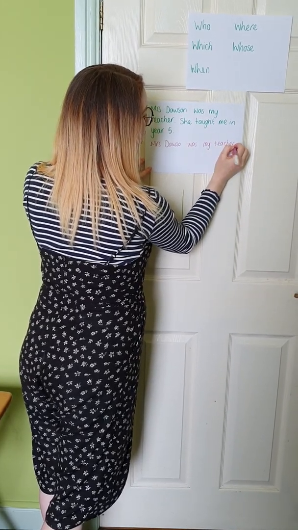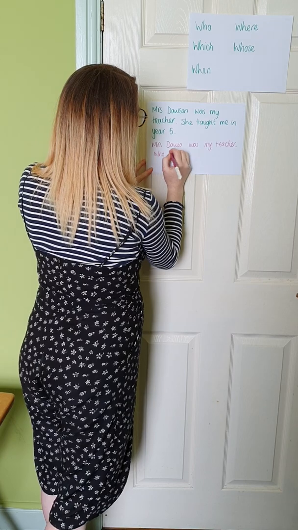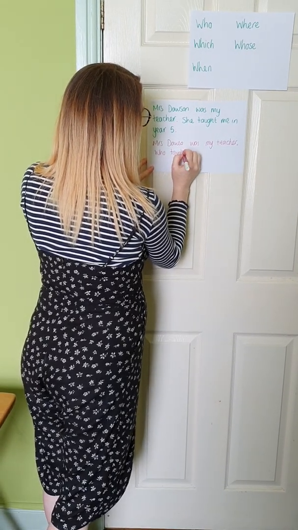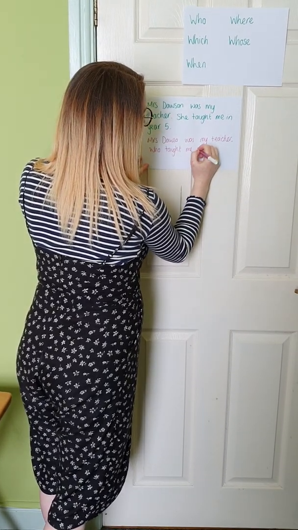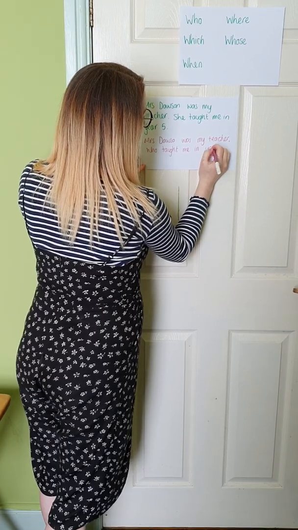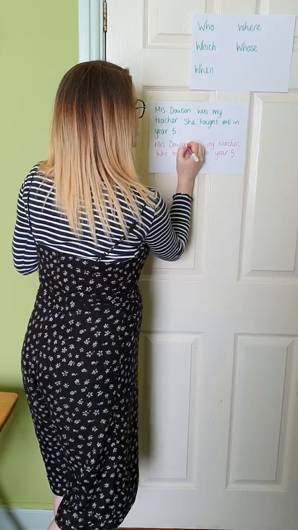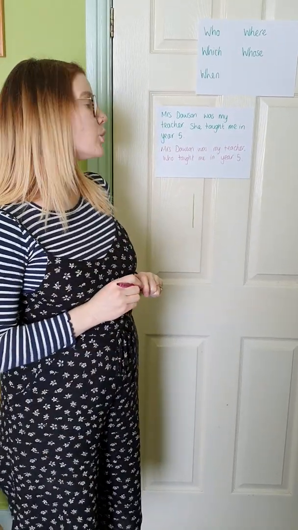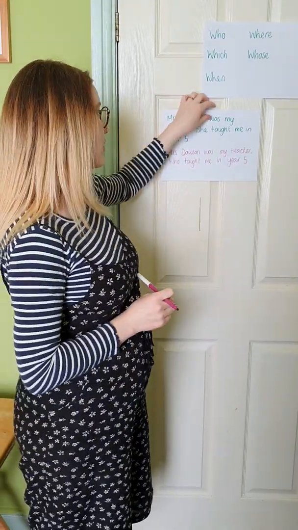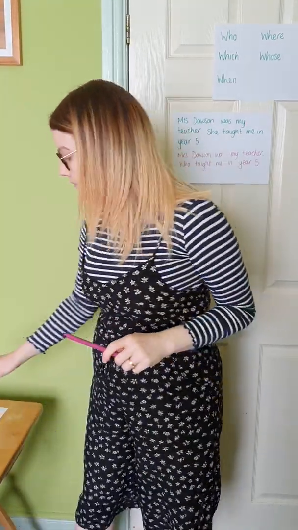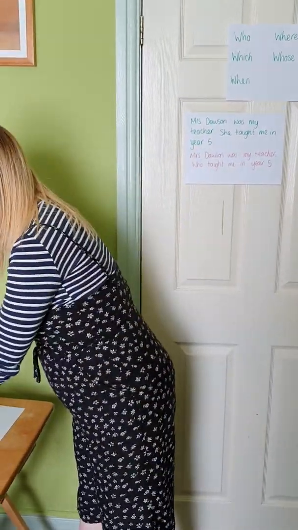You can add a comma, who taught me in Year 5. So Mrs Dawson was my teacher who taught me in Year 5. So that's our first one. Let's go for our next one.